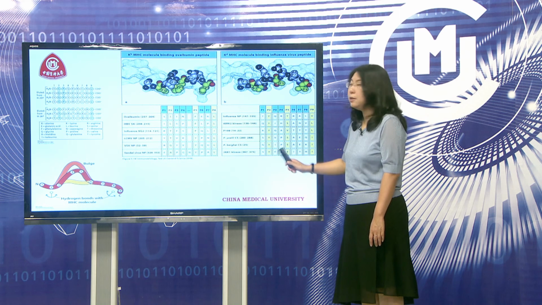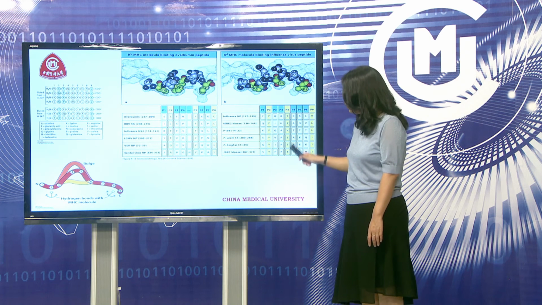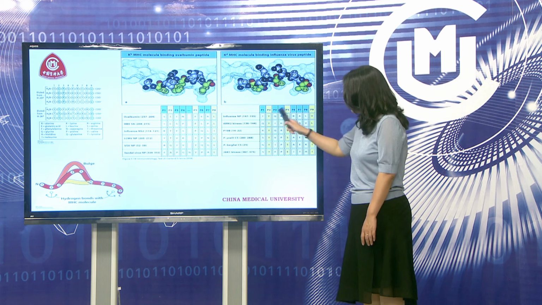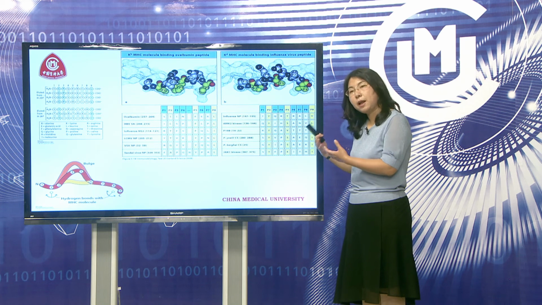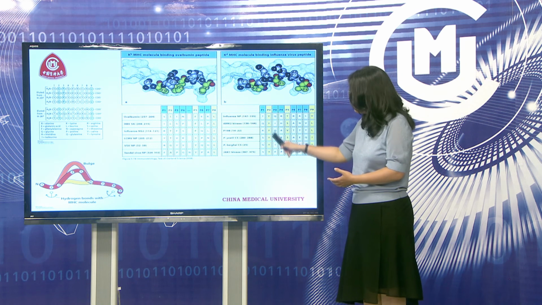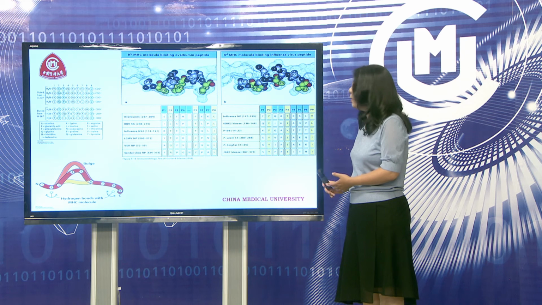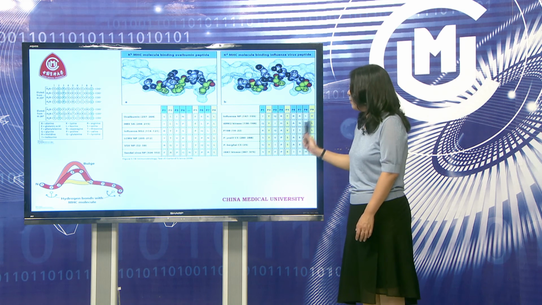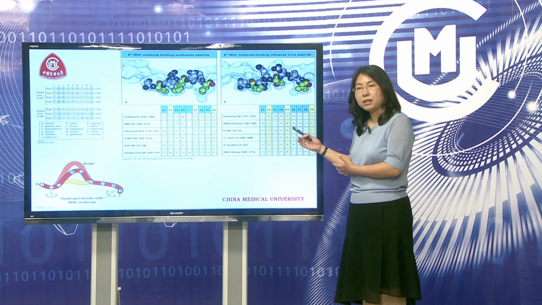The second position, the 5th position, and the 9th position are anchors. So if we fix the amino acid here, so that this amino acid is the same or similar, now different peptides can be presented by the class 1 molecule.